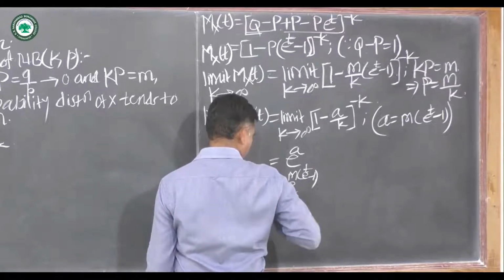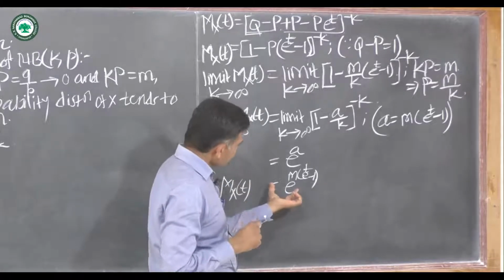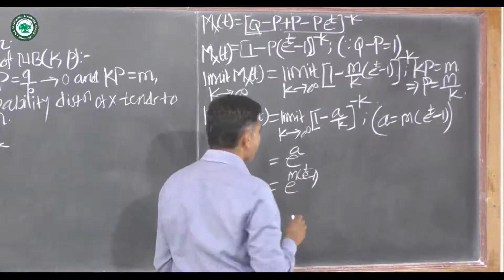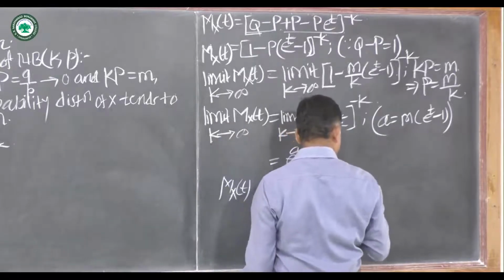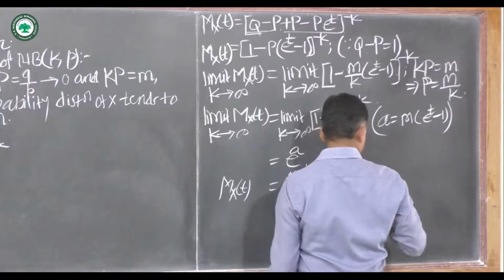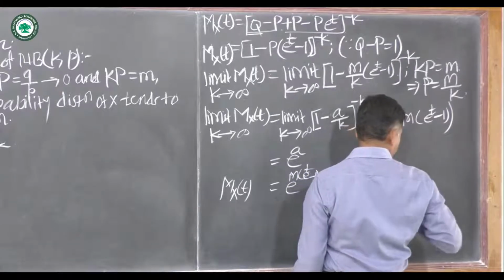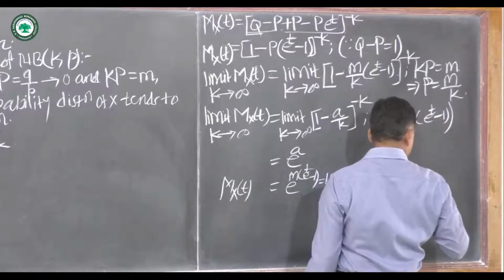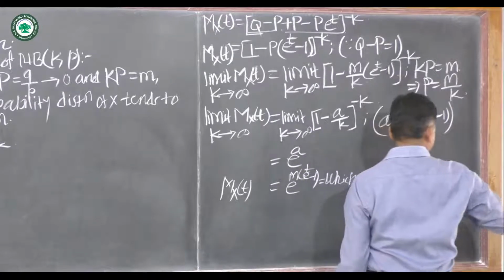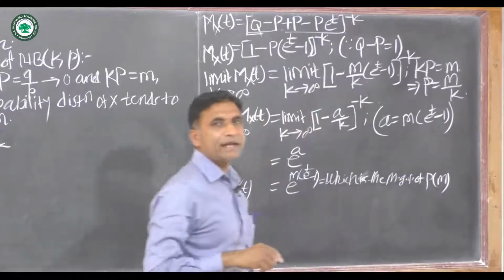This is the MGF of x, and this is also the MGF of Poisson distribution with parameter m, which is the moment generating function of Poisson distribution with parameter m.